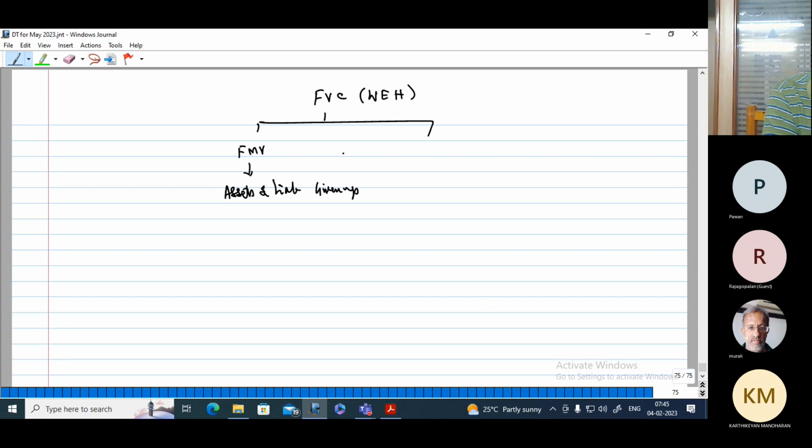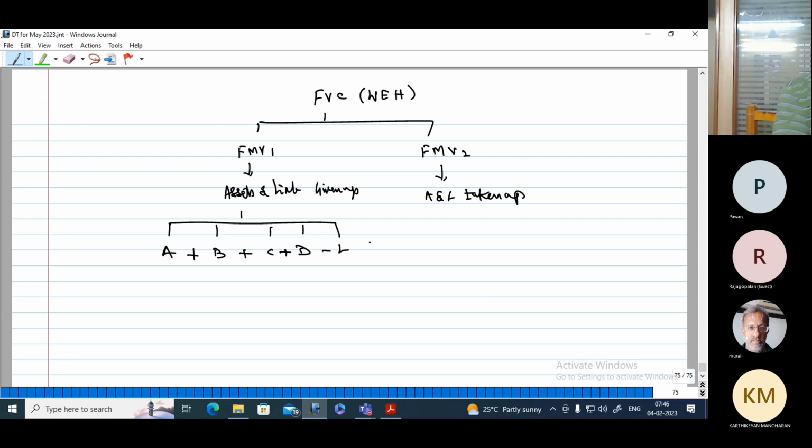FMV2 is based on the assets and liabilities taken up. So here assets and liabilities, it is A, B, C, D and L, plus, plus, plus and minus.